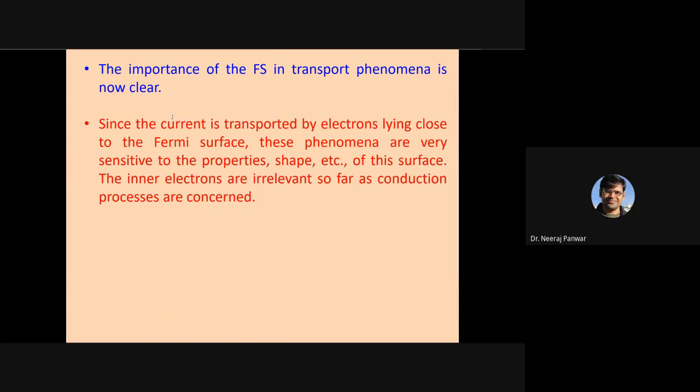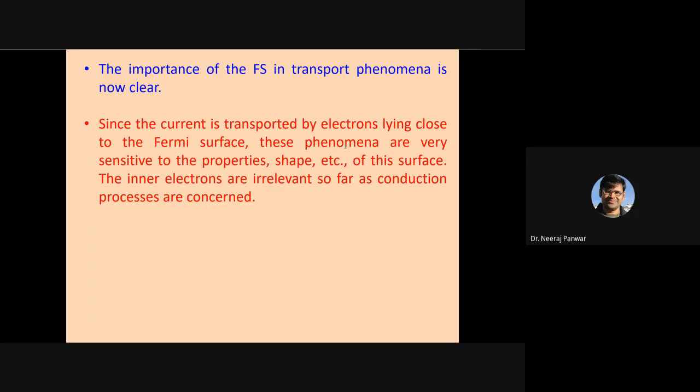So now the importance of the Fermi sphere in transport phenomena is clear. Since the current is transported by only those electrons which lie close to the Fermi level or Fermi surface, these phenomena are very sensitive to the properties, shape, etc. of this surface.